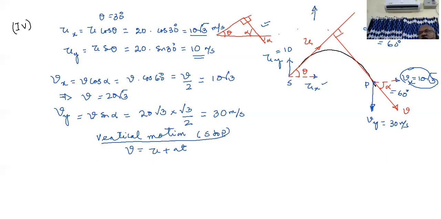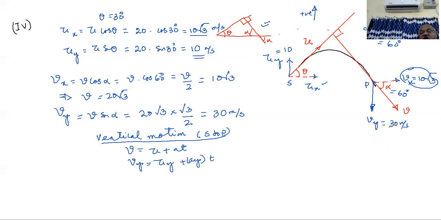Here also you can take the help of i cap, j cap, k cap, but I'm not going through that. Simply putting a plus or minus sign, upward vectors are positive. Here V means final vertical velocity, that is Vy. Or if you write a step more, then Vy equals Uy plus Ay t, or gy t.